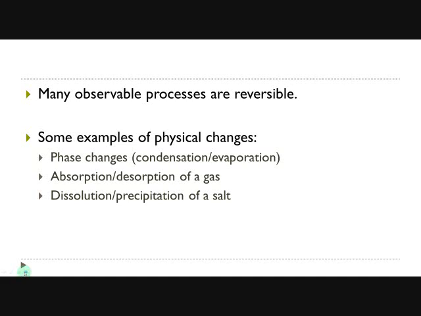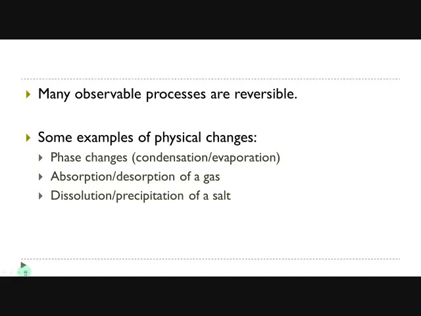Or the dissolution or precipitation of a salt: when you're dissolving an ionic compound into water, how well can it be dissolved, or does it precipitate, staying in solid form? So some of these physical changes are reversible, where both changes can occur at the same time, or one could go one way and the other could go the other way.